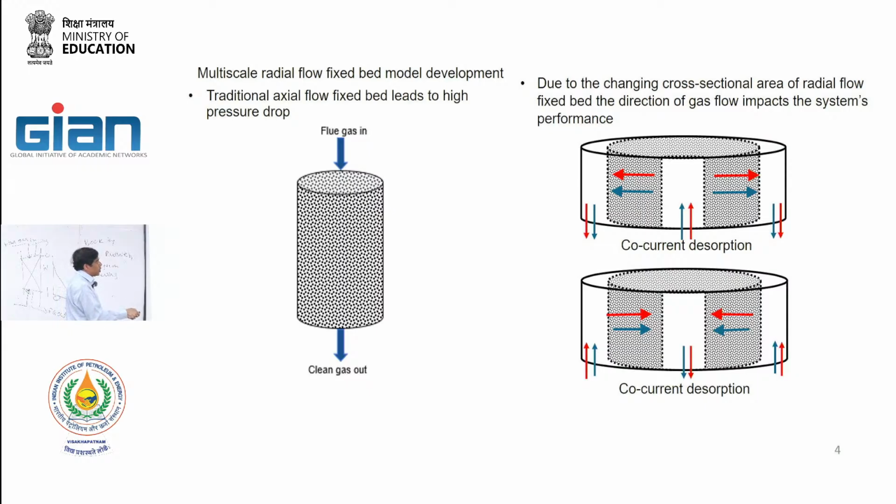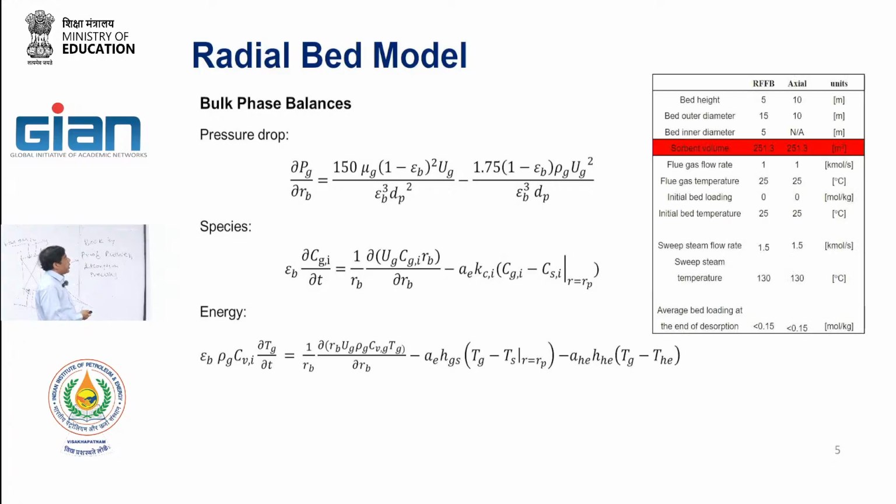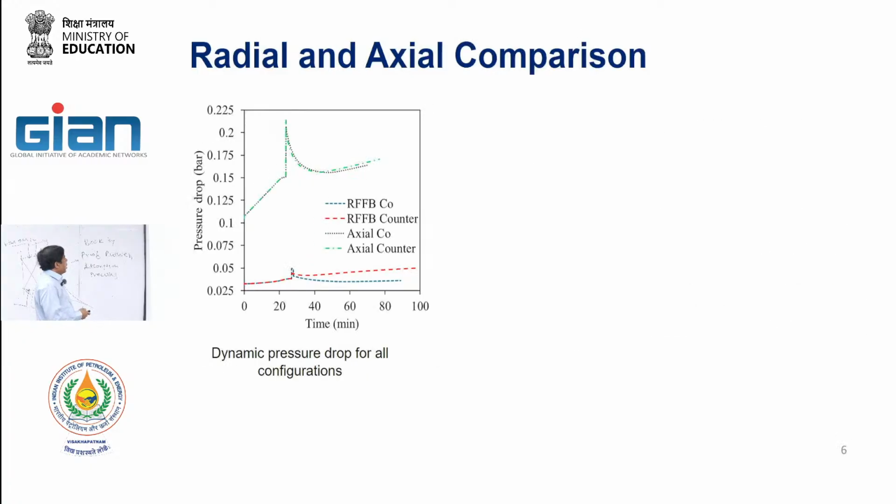I can put it in an axial flow bed, or I can put it in the radial flow bed. For the radial flow bed, this is the solids holdup. In the axial flow bed, this is the solids holdup. So those dimensions that you have here make the solid loading the same. So the question is, which gives me better utilization of the solid, right? That's the whole idea.